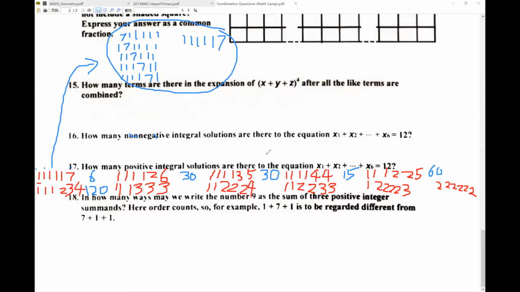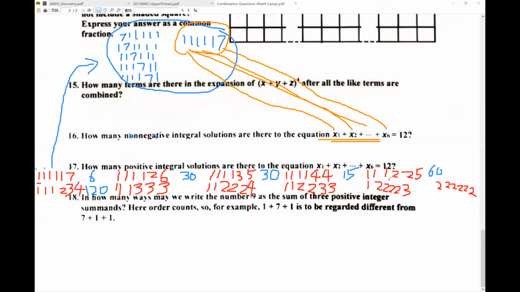No? Okay. Each of them is just a solution. Say I take this one. That means x1 equals 1, x2 equals 1, x3 equals 1, until x6 equals 7. This is one solution. Wait, but why does x6 equal 7?